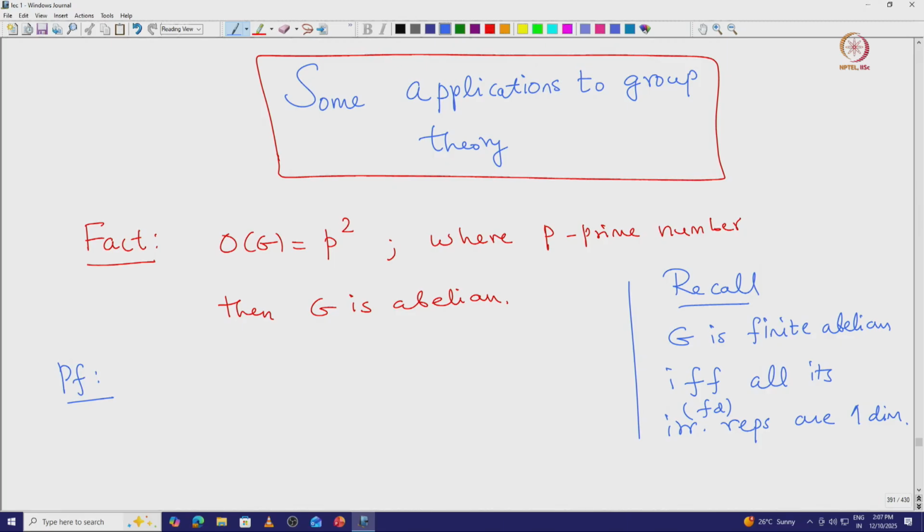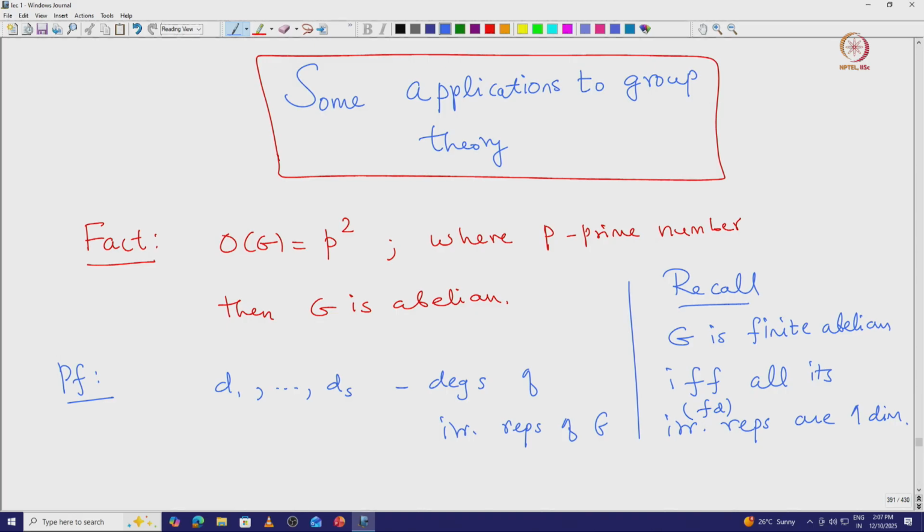Let us denote d1 etc. ds to be the degrees of the non-isomorphic irreducible representations of G. So, these are all the degrees of irreducible representations of G, assumed to be distinct, non-isomorphic representations.